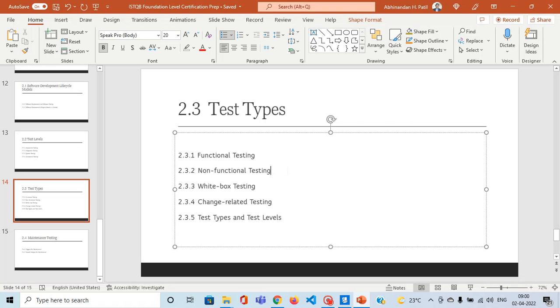Next comes security. We check whether there are any security loopholes in the software developed. We also make sure there are no security loopholes. You could be doing static security testing with the help of tools like SonarQube or any other tool.